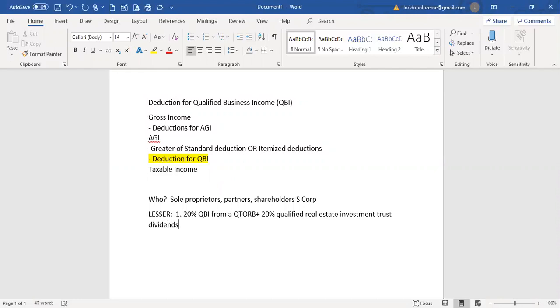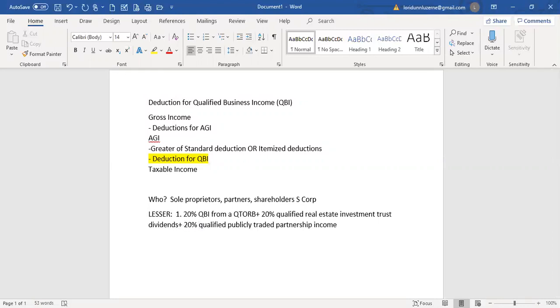So if the taxpayer is involved in a qualified real estate investment trust and they receive dividends from it, 20% of those can be deducted. And a qualified publicly traded partnership income. So that's 20% of that as well.